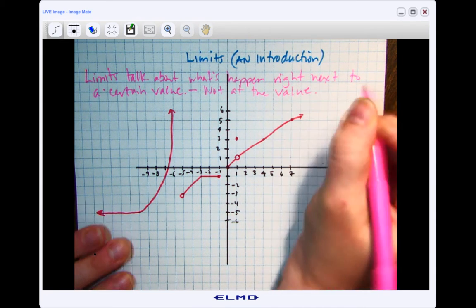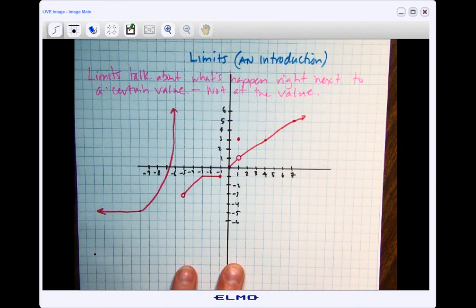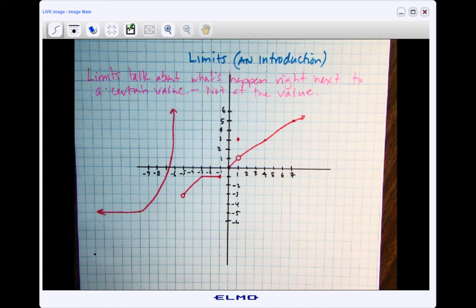So this is the weird idea that we're talking about. We're talking about what's happening right next to certain x values on this graph, not really what's happening at that particular x value.